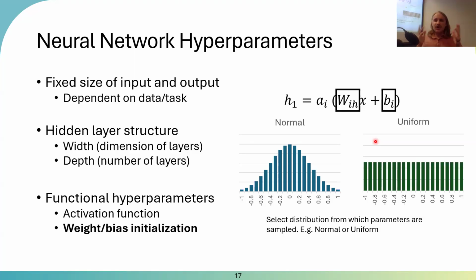But some very common ones you might start with are some variation of a normal distribution or a uniform distribution. Then every parameter, every value in your weight matrix or your bias vector, will be sampled independently from the distribution that you select here.